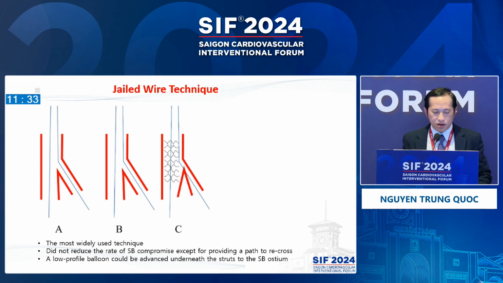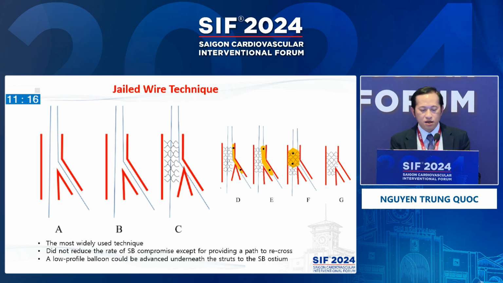And we can use a low profile balloon to expand underneath the stent to the side branch ostium to rescue the side branch occlusion. After that, we can do POT to correct the stent deformation.